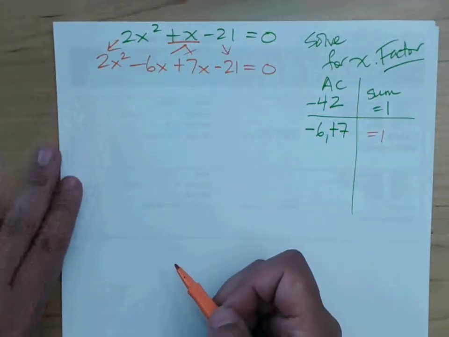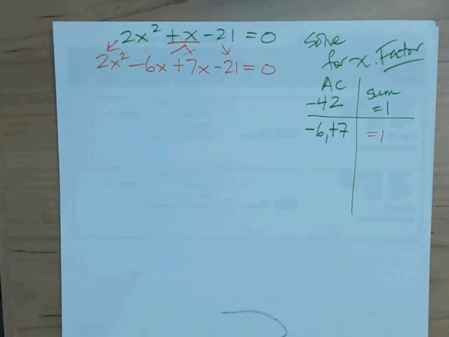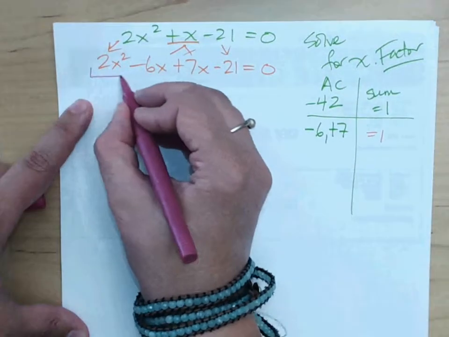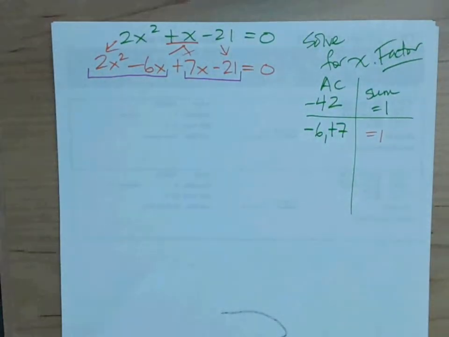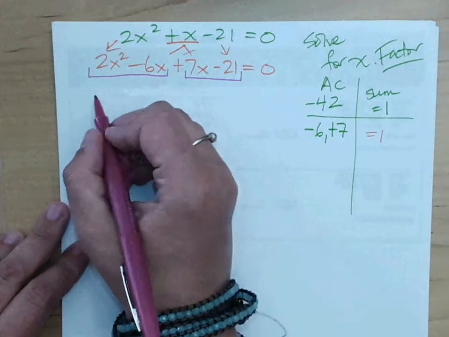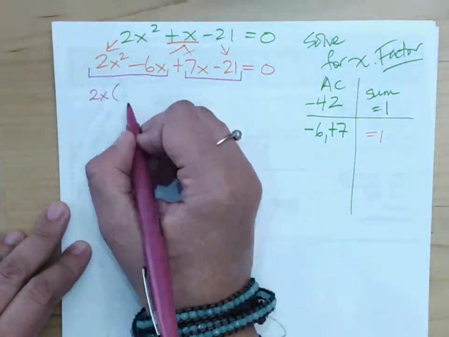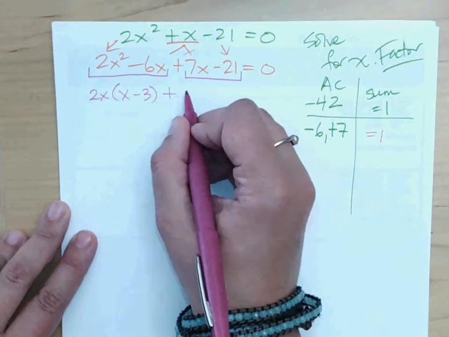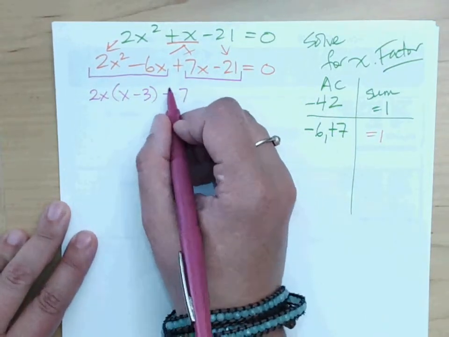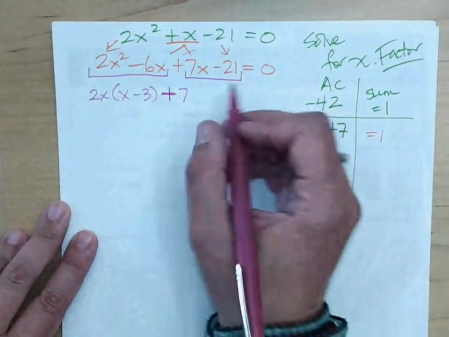Okay, now what do I do? Group. Group the first two, group the last two. What's the greatest common factor in the first? 2x, and what gets left? Good. What's the greatest common factor of the last two? 7. Positive 7. Now notice I'm going to put that positive sign there.